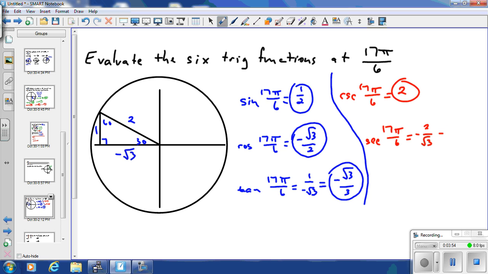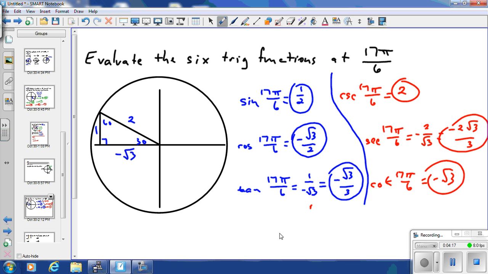When I rationalize that, I'll get negative 2 square root of 3 over 3. And the cotangent of 17 pi over 6 is going to be the reciprocal of the tangent, and I'm just going to get negative square root of 3.